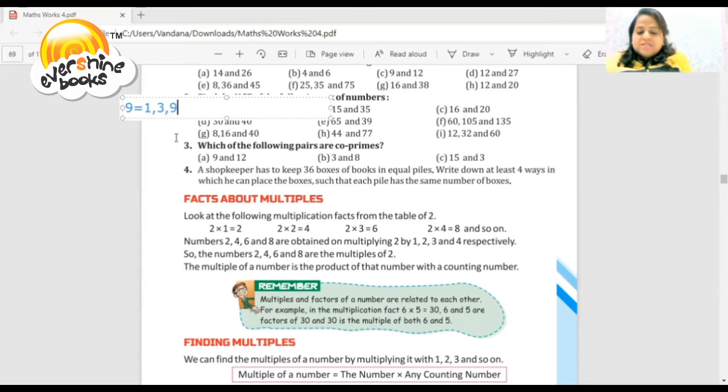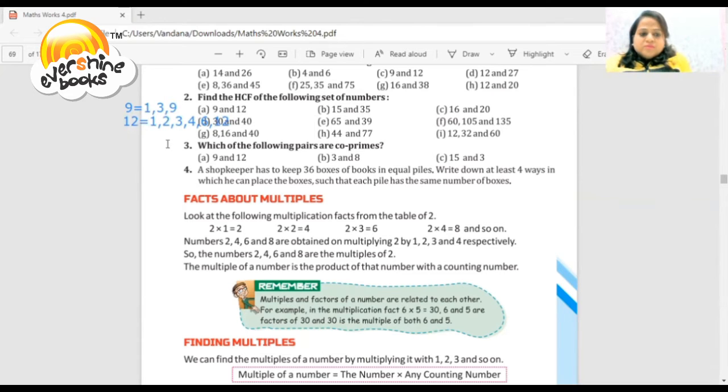Okay, so these are the factors of number 9. Okay, so students, now write the number 12 here because you have to find the factors of 12 now. Now 1, 2, 3, 4, then 6. Then 12 itself is a factor of number 12.